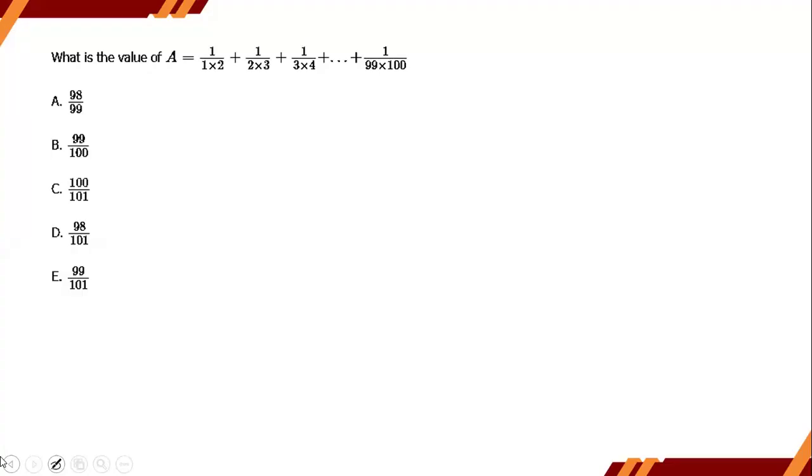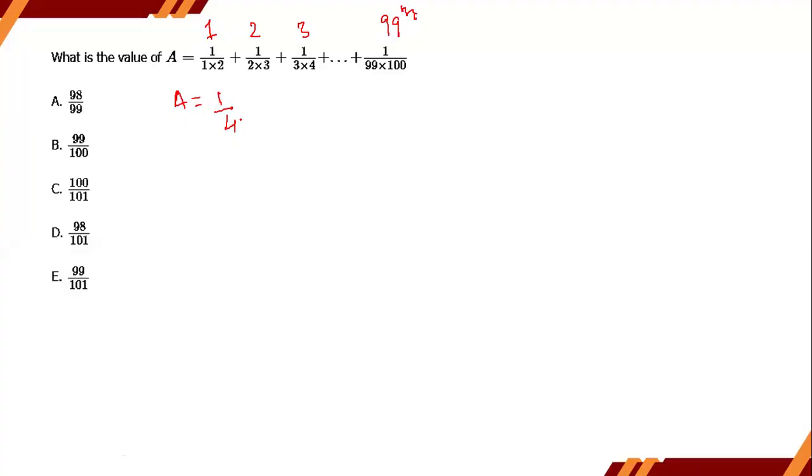So the question is basically about figuring out the pattern here. We have A equal to 1 by 2, right? So this is the first term. Here we have the second term, third term, and this is the 99th term.